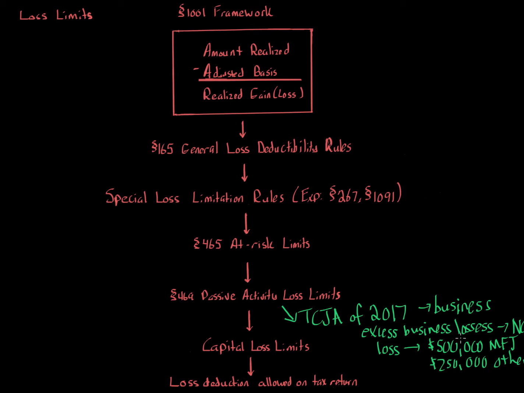That's really important because whatever is left over from that business loss, if you have $3 million, you can only take $500,000 if you're married filing joint, and then the $2.5 million gets carried over to the next year under the NOL rules. Now you can offset that against business income, but that's really important to understand because it can be restricted. So with that, let's go ahead and go through the framework.